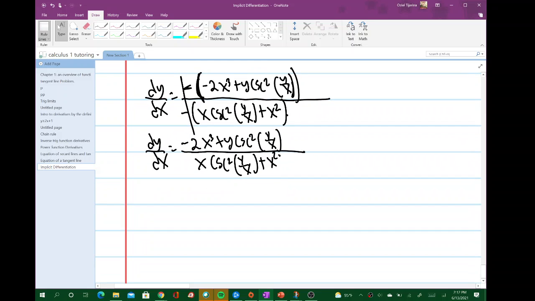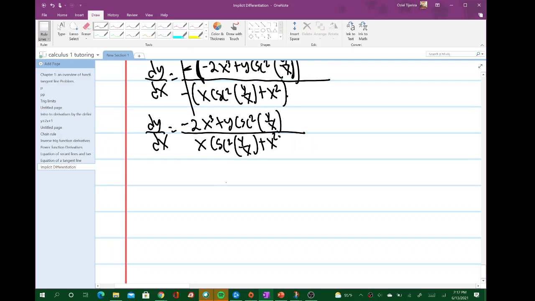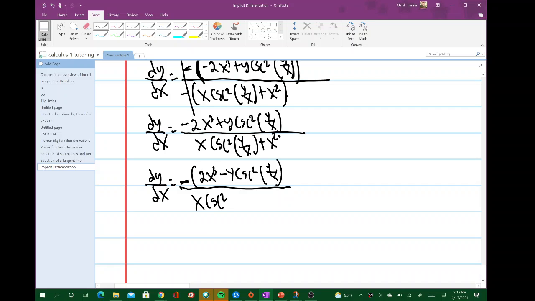And then if they want you to write it in terms of a fraction like a over b, you can write it the following way. It's going to be negative the quantity 2x cubed minus y cosecant squared of y over x, over x cosecant squared of y over x plus x squared.